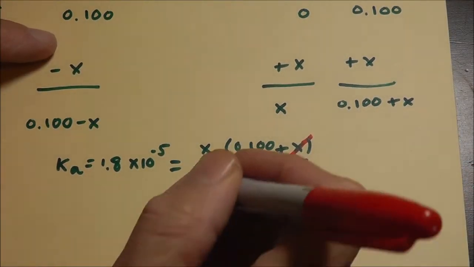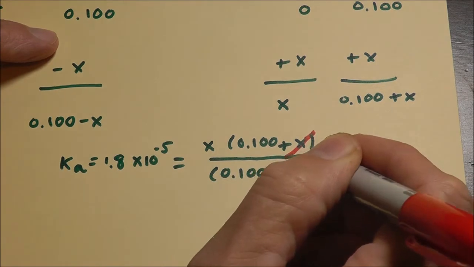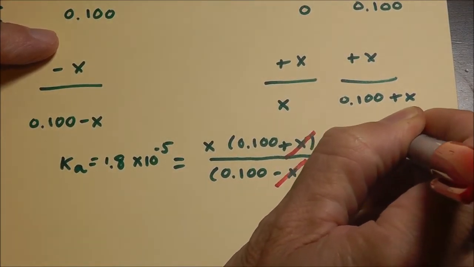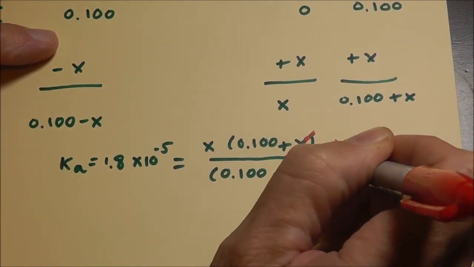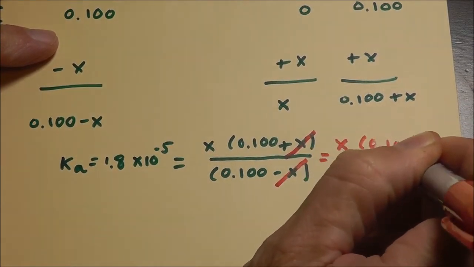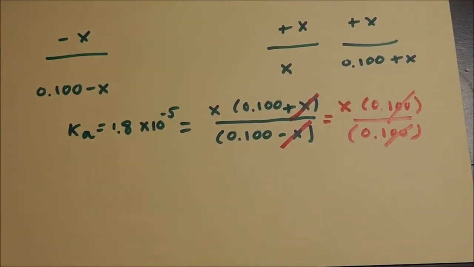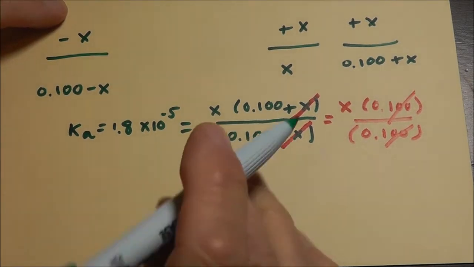Oh my goodness, look what else we can do. Now that just ends up being x times 0.100 divided by 0.100, and the 0.1s cancel, so x is just 1.8 times 10 to the minus 5. And I'm a negative log away from knowing what the pH is.